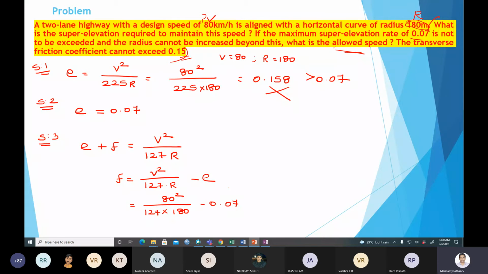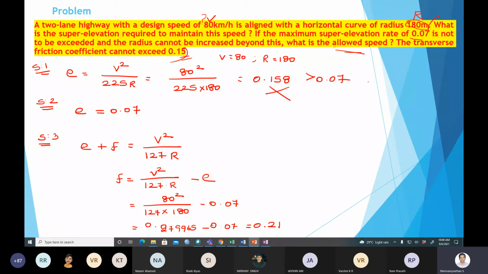So what value are we getting? 80 square divided by 127 divided by 180. I am getting 0.2799965 minus 0.07, which is equal to 0.2099. I am getting 0.21.